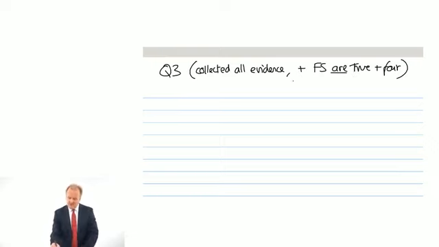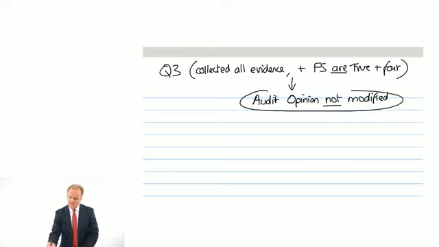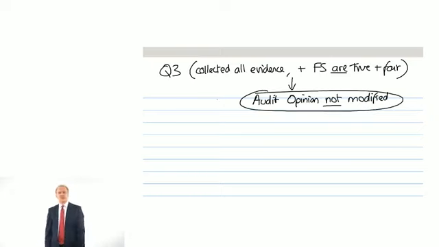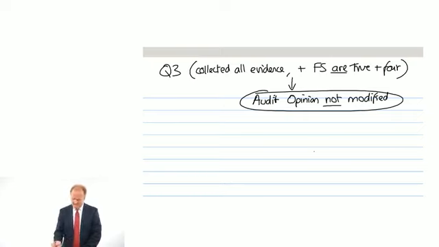And since there's no problem with the accounts, the audit opinion will not have to be modified. Meaning it will say, in our opinion, the financial statements give a true and fair view. So what's the question then?